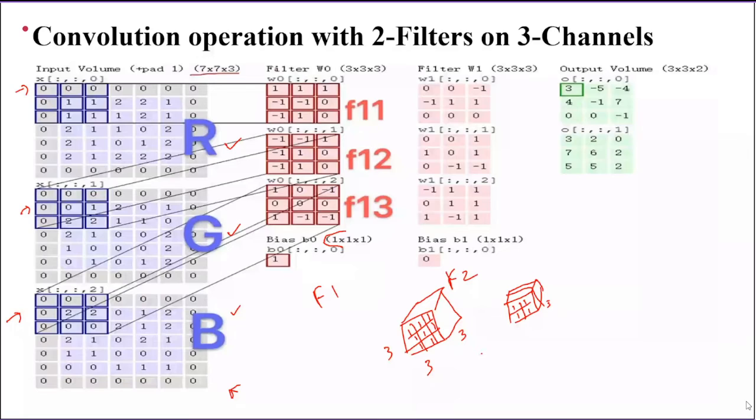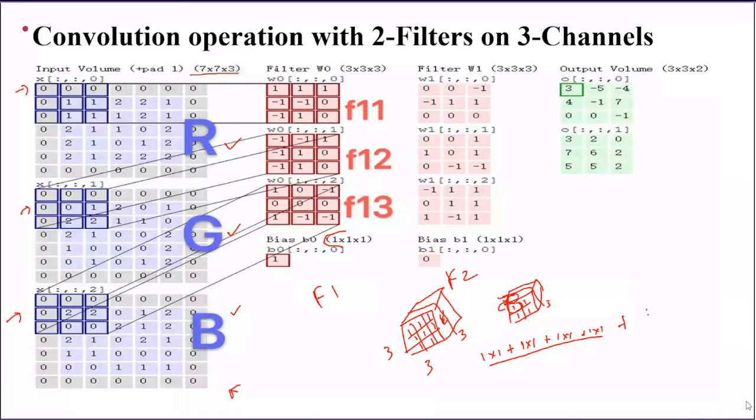Similarly, the pixel behind this filter will also do the convolution operation with the second channel of the image. The second filter will do the convolution operation with the second channel of this image, so that will also produce the same thing. For example, here we are taking the pixel value as 1 for all these kernels.